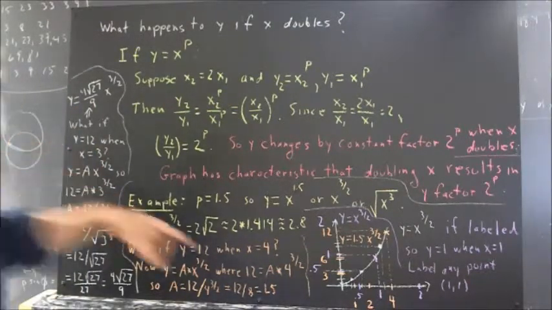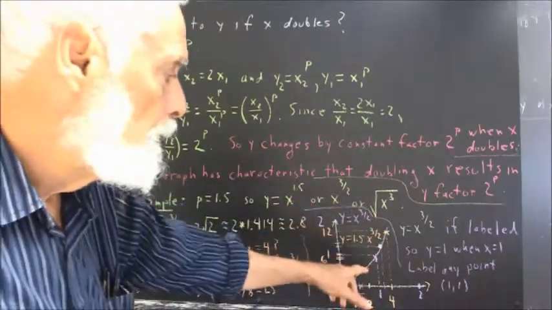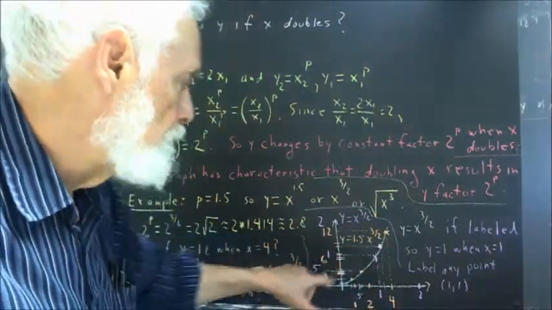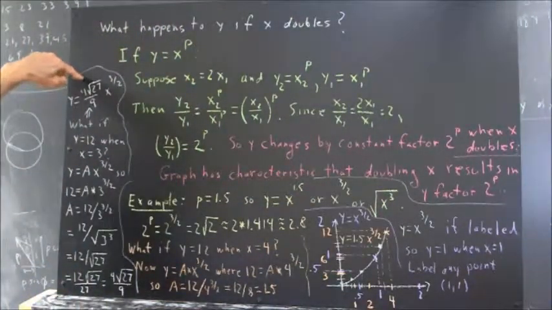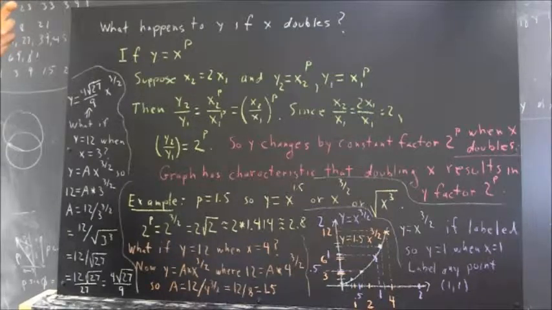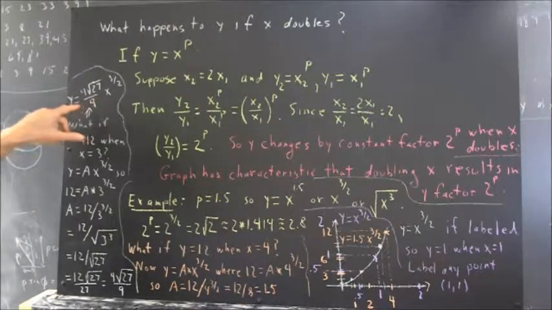So if we labeled one point on here as 3 for the x, 12 for the y, then our graph would represent this function. And you can, of course, approximate this number, I think it might come out around 2.3 or something like that, to a degree that fits the application you're trying to model.